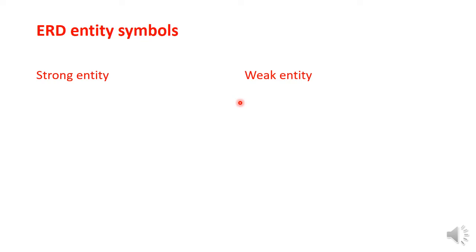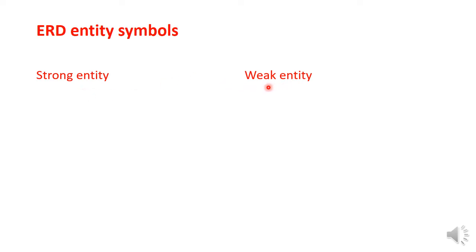So what is a strong entity? A strong entity is an entity which is independent of others within the entity set. This means that a strong entity always has its own characteristics and key attributes to distinguish it from the rest.